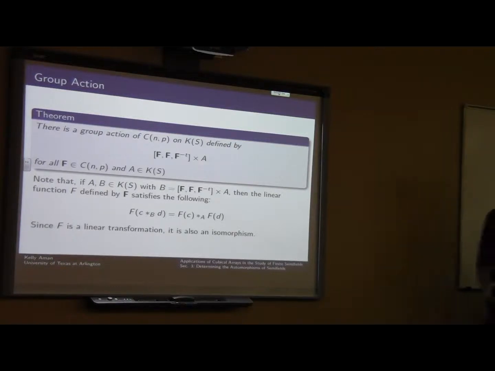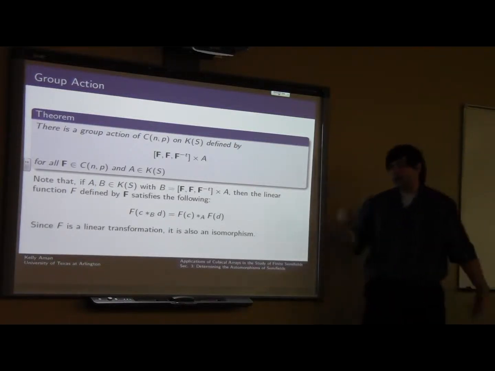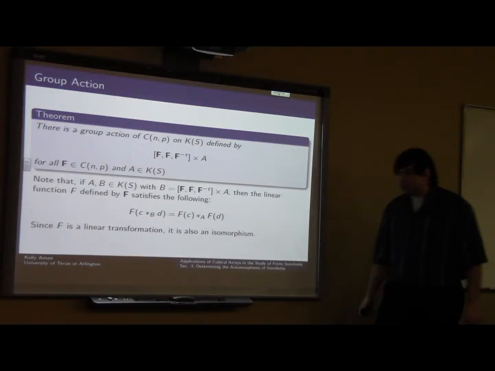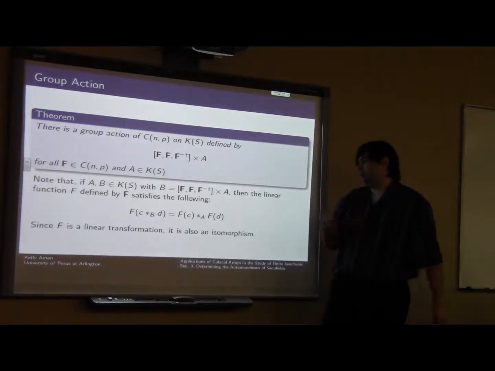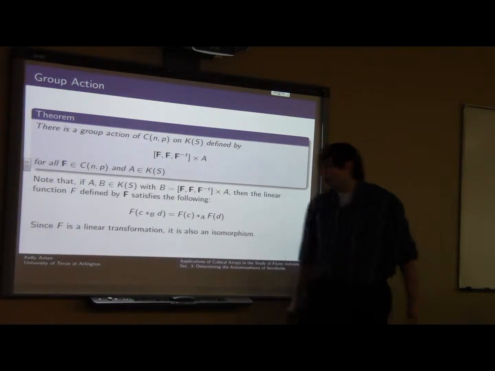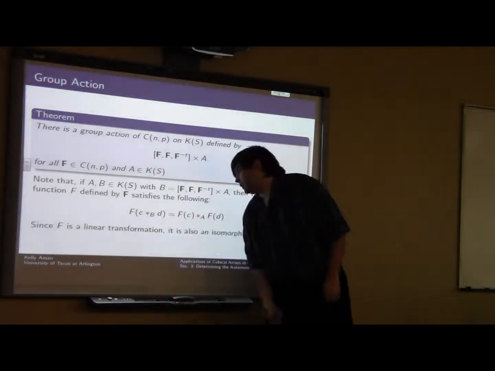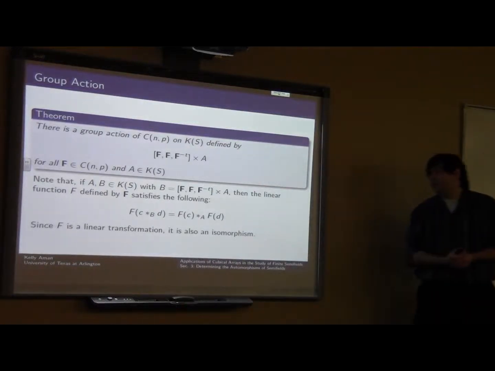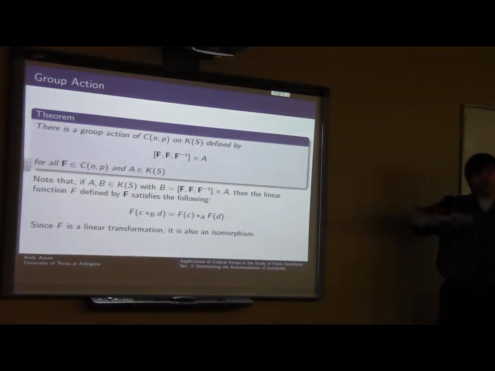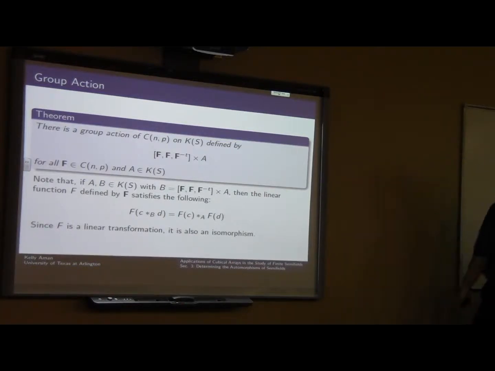And by Knuth's theorem, there's a linear transformation F corresponding to that matrix, such that if B is equal to (F, F, F inverse transpose) times A, and we use star_A and star_B to define multiplication by A and B on the standard basis, then they're going to be related by this function. So they basically are going to be an isomorphism in the case where all three of those are equal. So the question comes in, when is this going to be an automorphism?